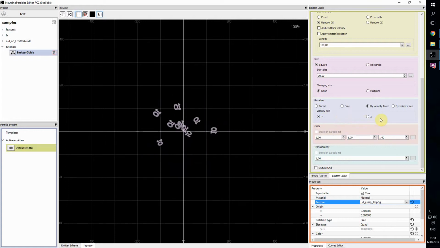And the last mode of rotation is by velocity free.